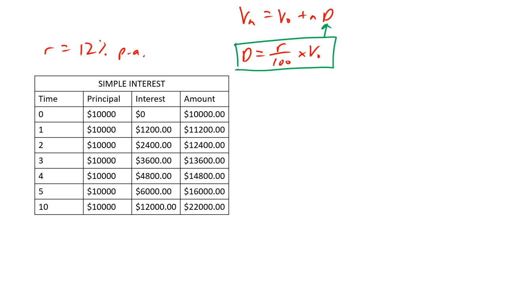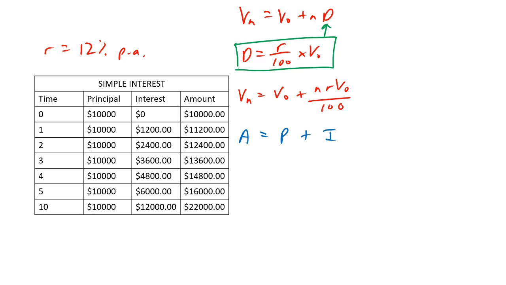So we end up with the formula Vn equals V naught plus N R V naught over 100. That's still in recursive notation, and this is where you might get a bit confused. So remember, we also said that the amount you owe equals the principal plus the interest.